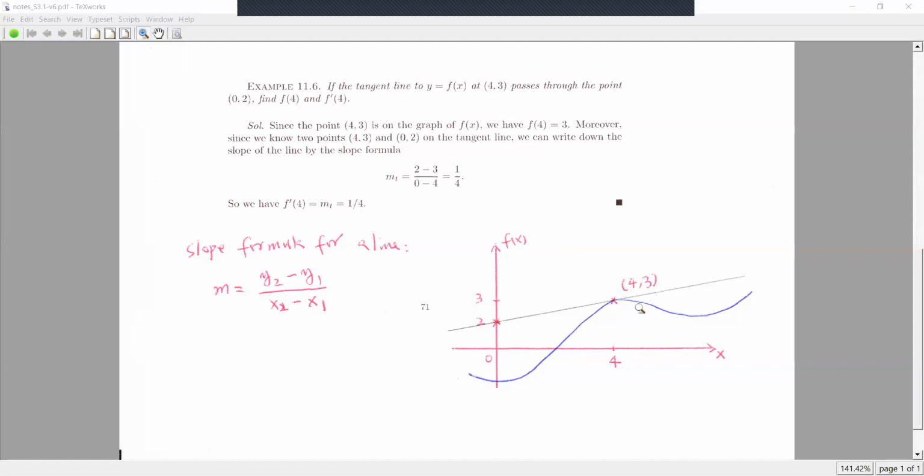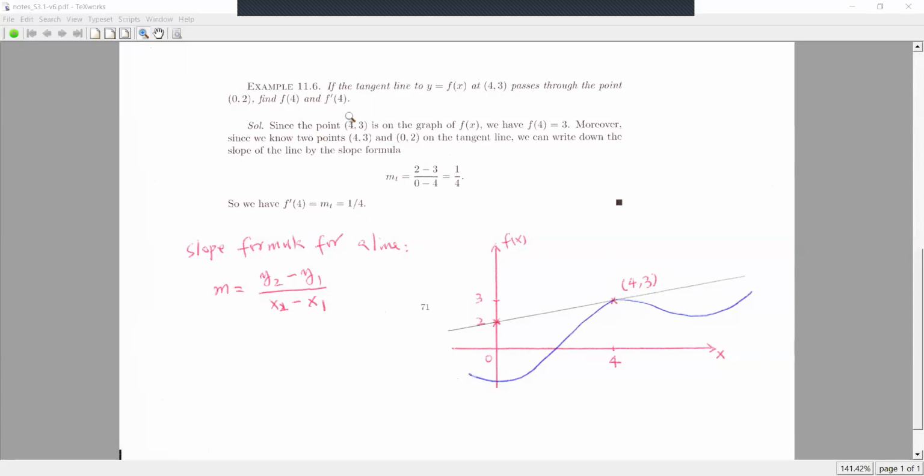Okay, now find the function value f(4) and the derivative f'(4). Because this point is on the graph of the function, the y coordinate is the function value at the x coordinate. The x coordinate is 4. So this number 3 is the function value f(4). Therefore, we have f of 4 is equal to 3.